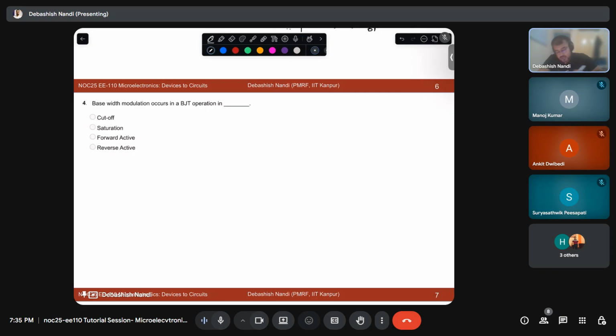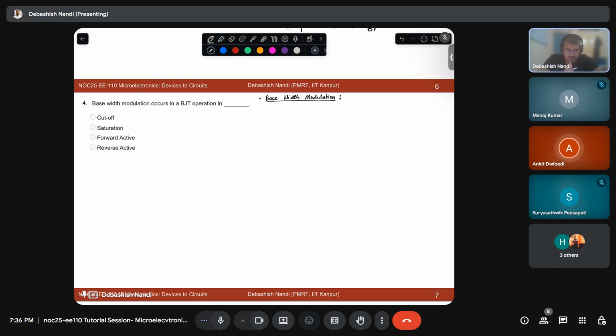Let us first understand what base width modulation is. It will be forward active. Why do you say so? Because in forward active the base collector region is reverse biased. Absolutely. If we increase the reverse bias voltage, the depletion width becomes larger as per the PN junction property.